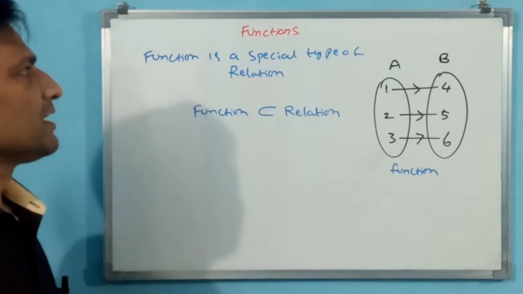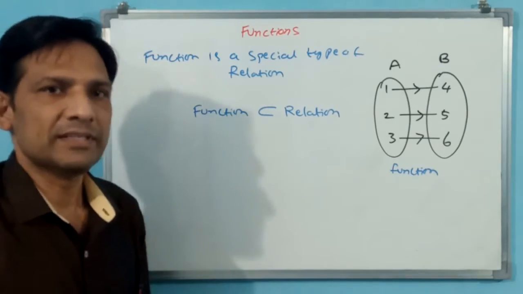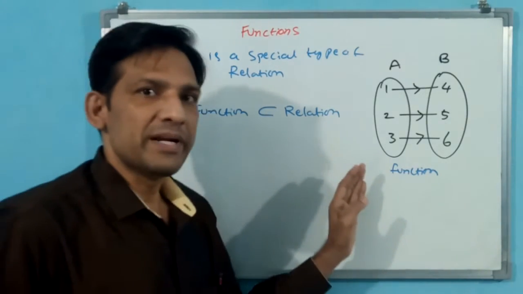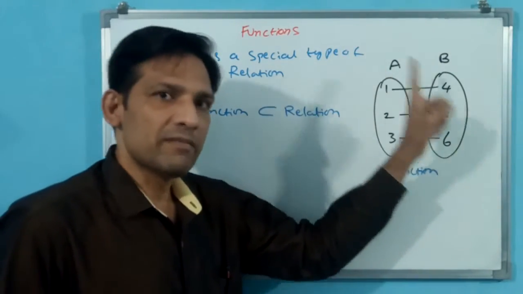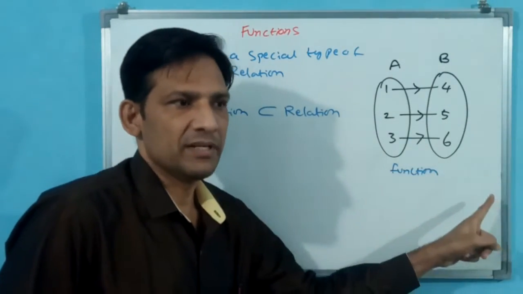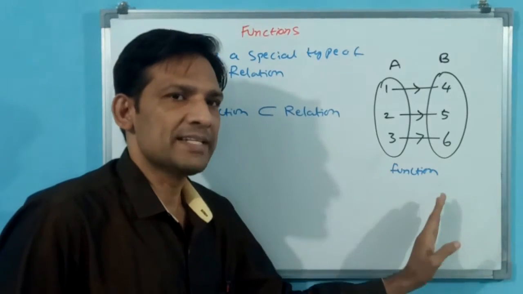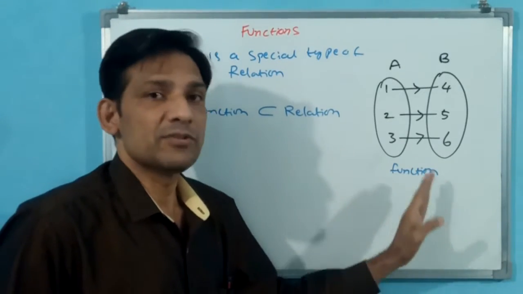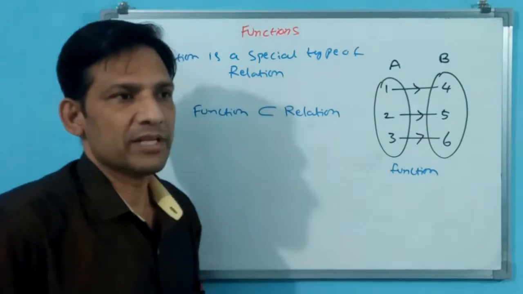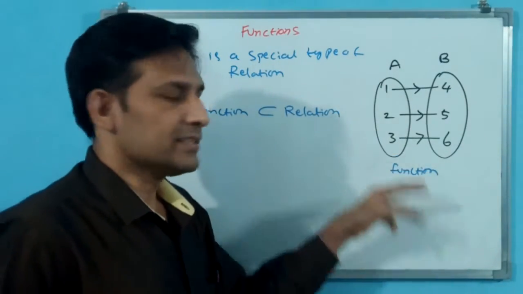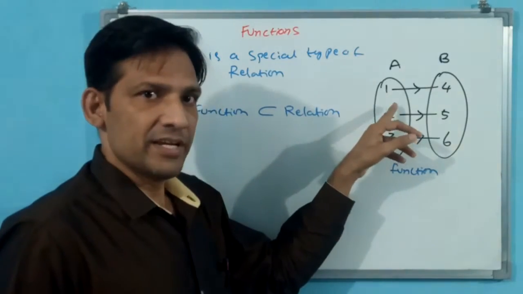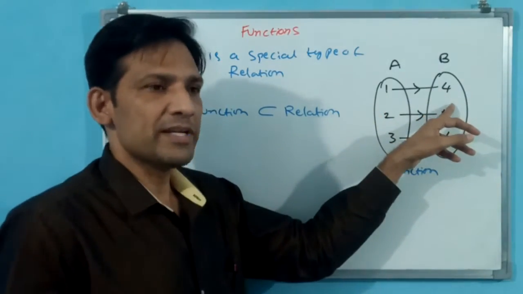Why? Because what the function definition has given is that every element in set A should have one and only one image in set B. Then that relation is going to be called a function. In that relation, every element in set A should have one and only one image.